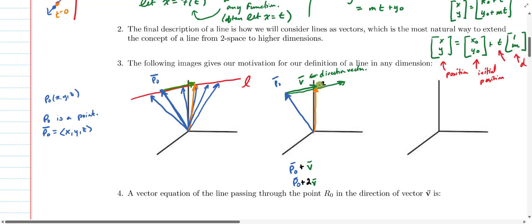If I add them together, then I get another vector that's on the line. Maybe that's this one right here. And so by taking scalar multiples of my direction vector and adding them to my initial position vector, the sum of those gives me a new vector whose tip lies along the original line.